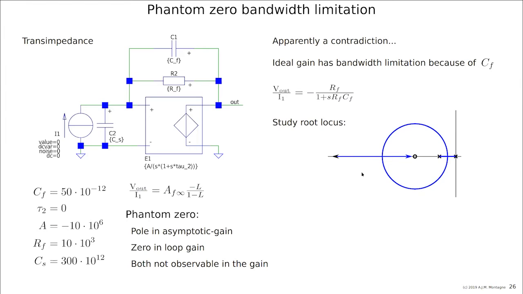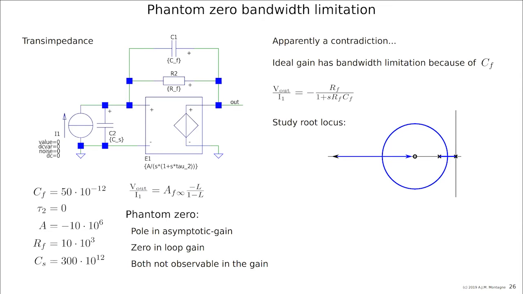So yes, if there is one pole ending on the zero, and we had already the pole of the asymptotic gain there, we have two poles on the zero in the transfer, and one zero, so one pole remaining. And that's what you see.